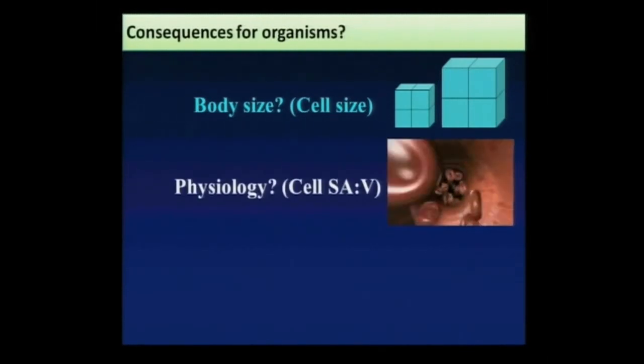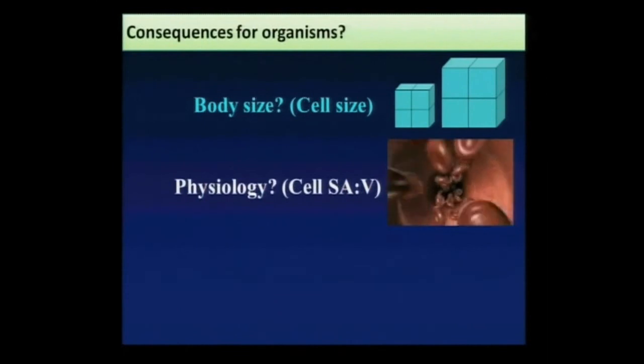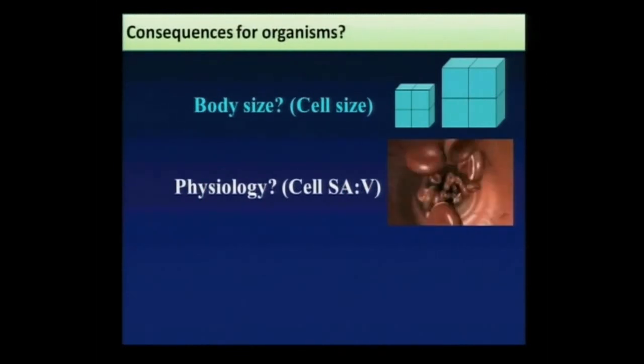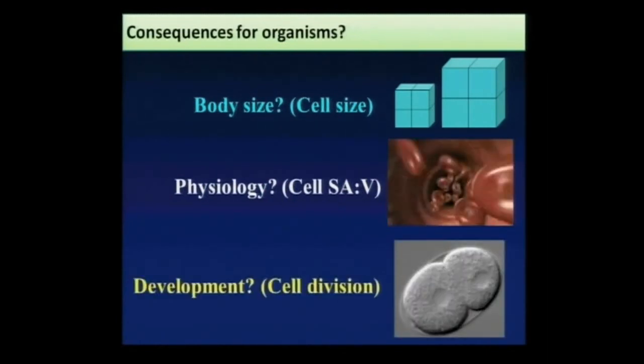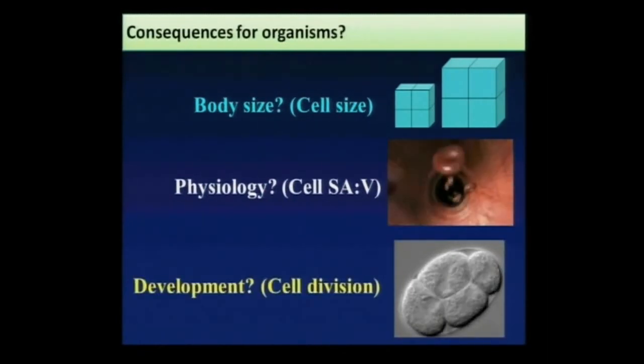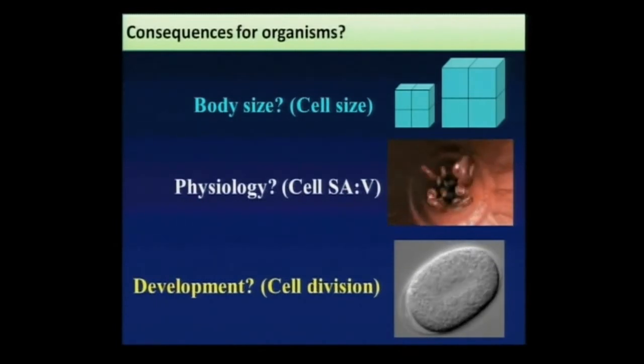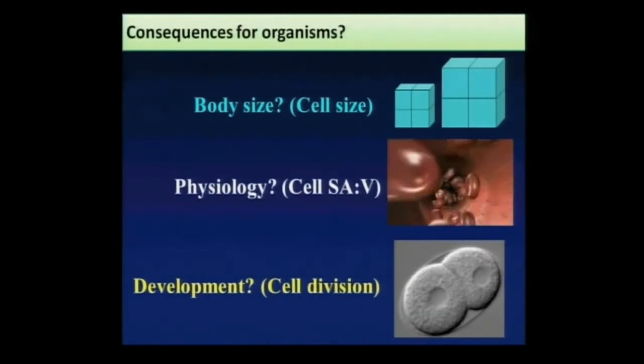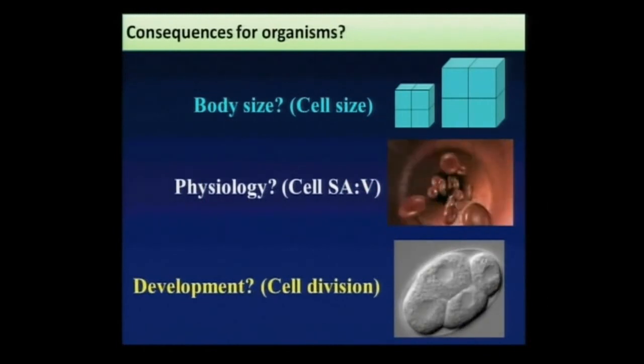We also have a link between cell size and surface area to volume. So this is influential on gas exchange and metabolic processes. So it could be that genome size is correlated in some way with metabolism. And I mentioned that the other correlation is with cell division rate. And so this could play out as a relationship between genome size and developmental properties of organisms.